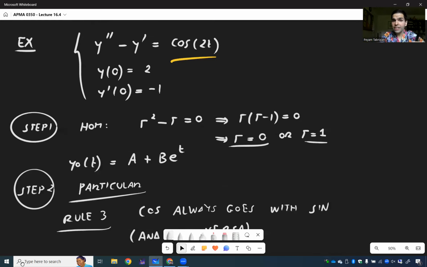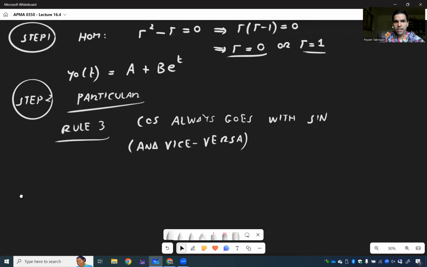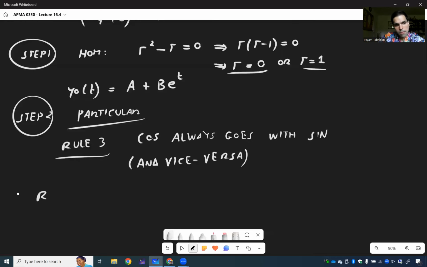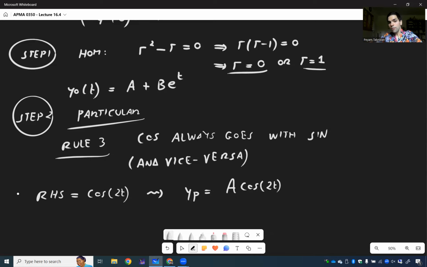Here the right-hand side is cosine of 2t. So you have to guess yp to be, of course, a cosine of 2t, but the same thing with sine.